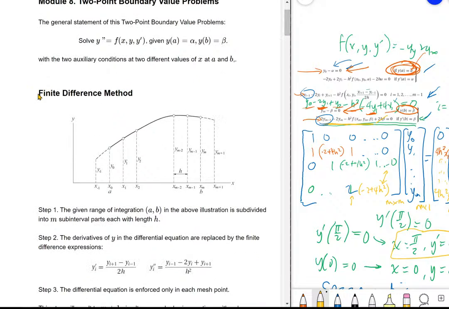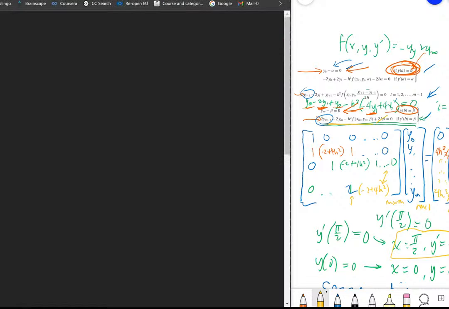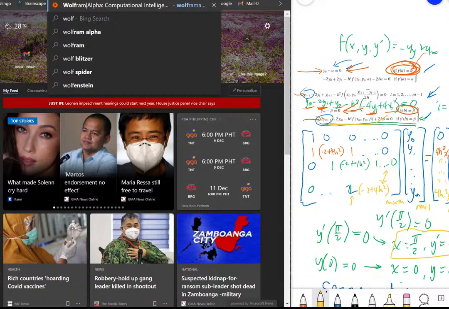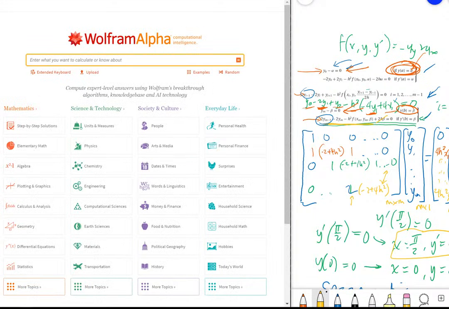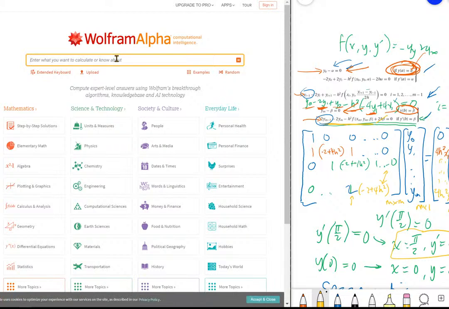Finite difference method is the most basic. There are more advanced methods, and you might wonder how Wolfram Alpha works. So you have Wolfram Alpha, for example. How do you solve this?